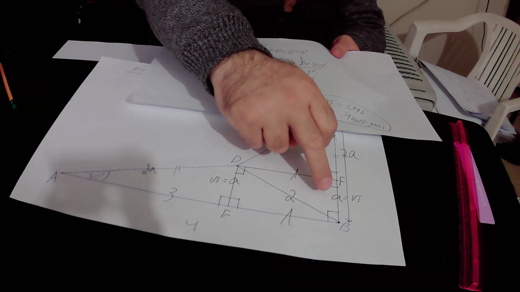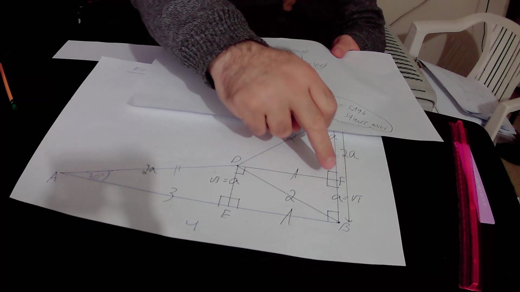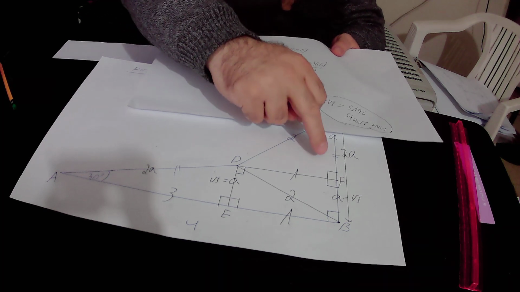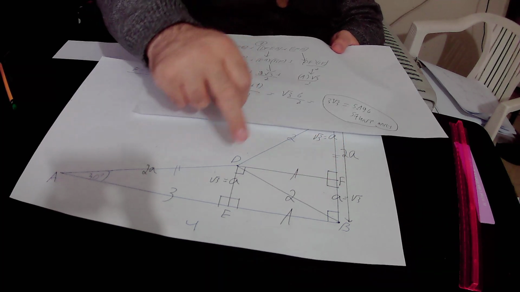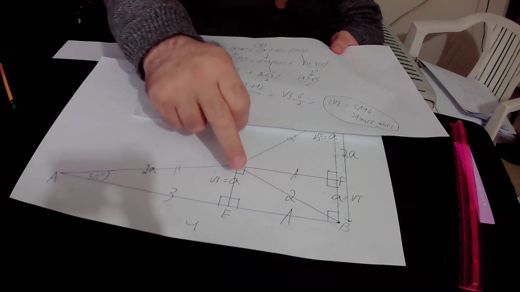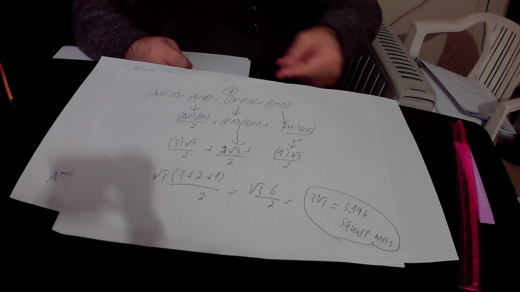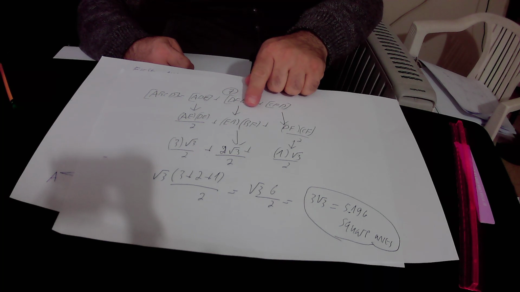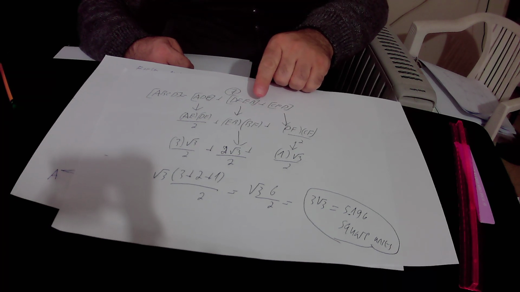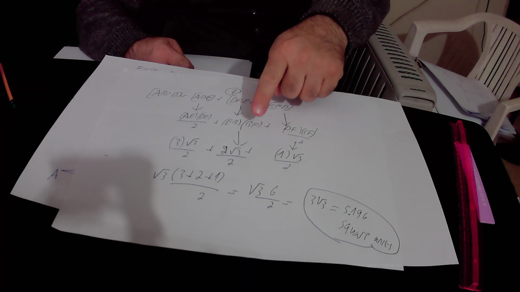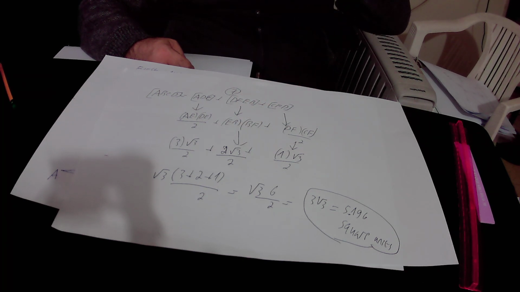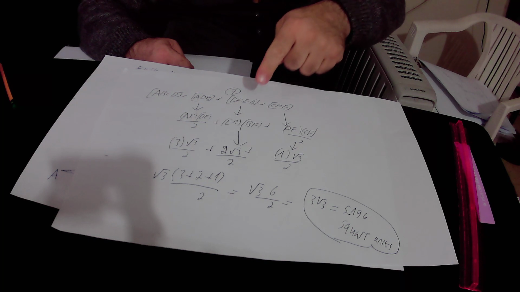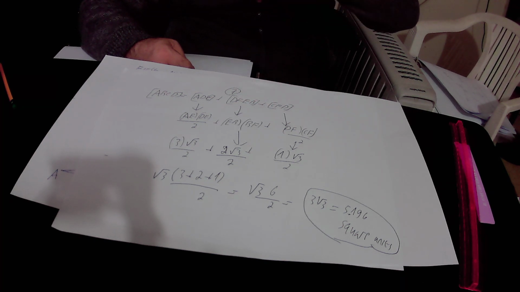The length of the rectangle is square root of 3, and the width of the rectangle is EB, that is 1. So EB times BF equals 1 times square root of 3. So the area of rectangle DFEB equals square root of 3 square units.